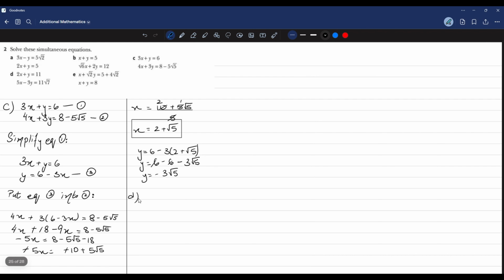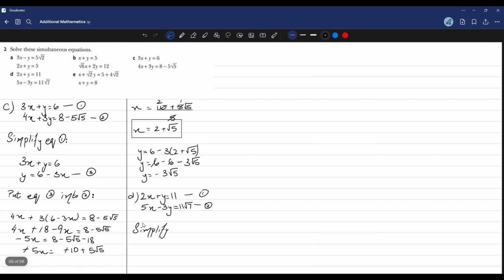For part D, we have 2x plus y is equal to 11, and 5x minus 3y is equal to 11 root 7. We call this the first equation and this the second equation. Simplify equation 1. By the way, it's up to you.